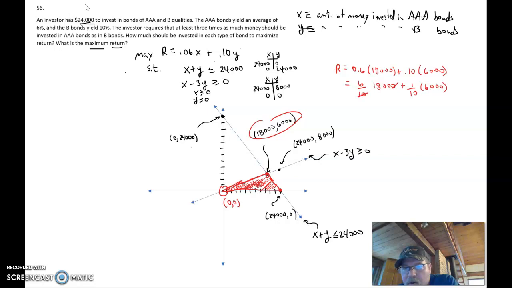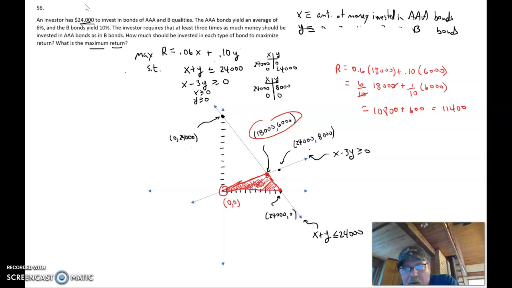This 10 takes off one of the zeros, and 6 times 1,800 is 10,800. And 1/10 of 6,000 is 600. So 10,800 plus 600 is 11,400.